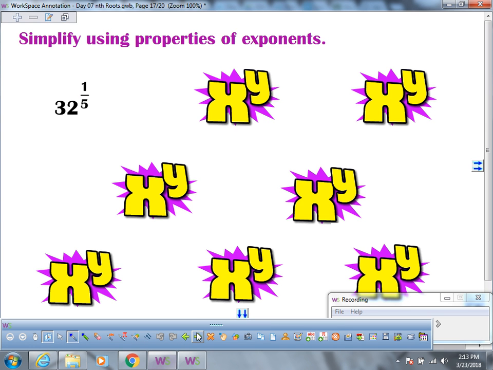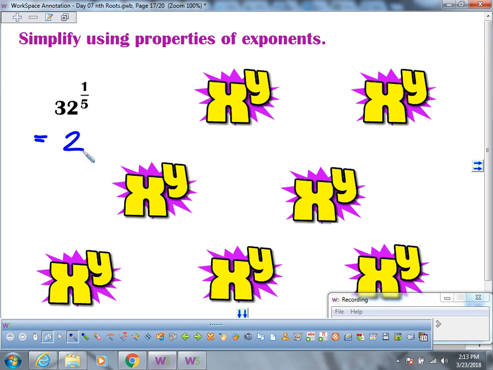Okay. Don't shout these out. Put them on your whiteboard. What's 32 to the 1/5? Don't think of rules. Think of roots. Okay, wait. Simplify. Don't put it in the square root. Simplify. Like this one is 2.